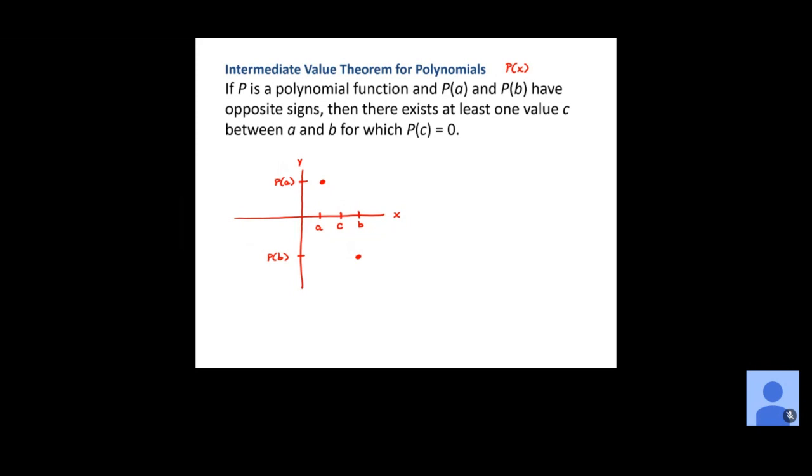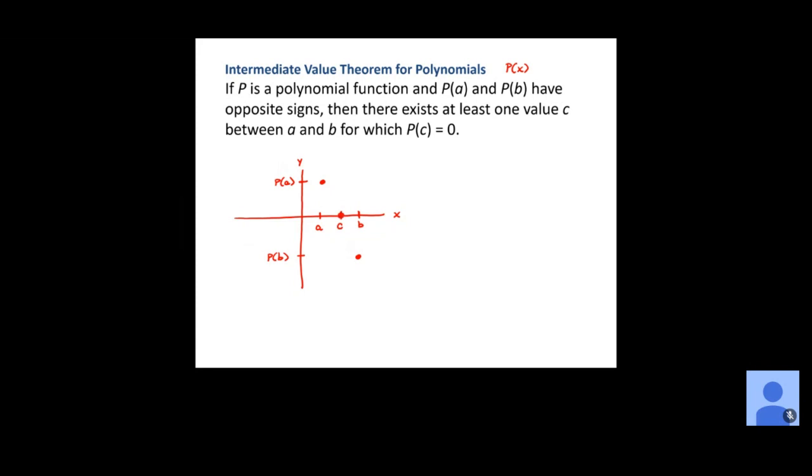So what does that mean? That the y value is 0 there. So at c, the y value is 0, which means we're going to have a point right on the x-axis.